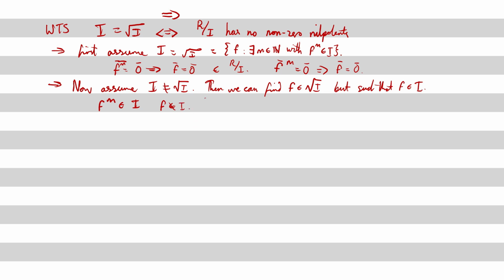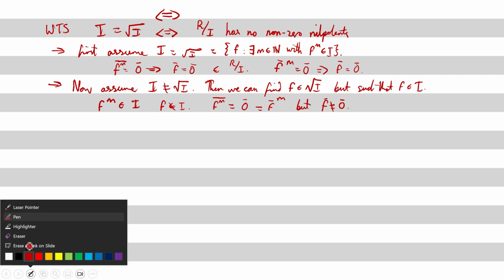Or rather, that the conjugacy class associated with f to the m is equal to the conjugacy class associated to 0, but f does not have the same conjugacy class as 0. Therefore, we have shown by a contrapositive proof that this is an equivalent statement.